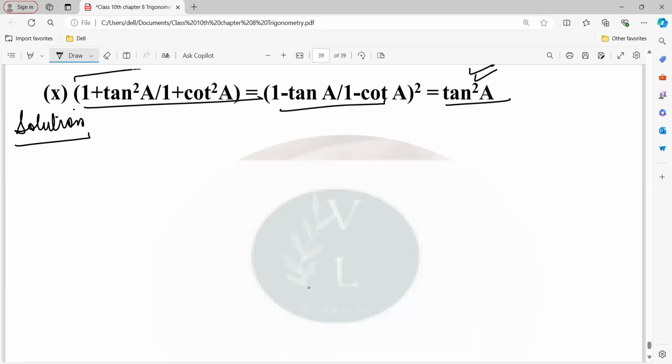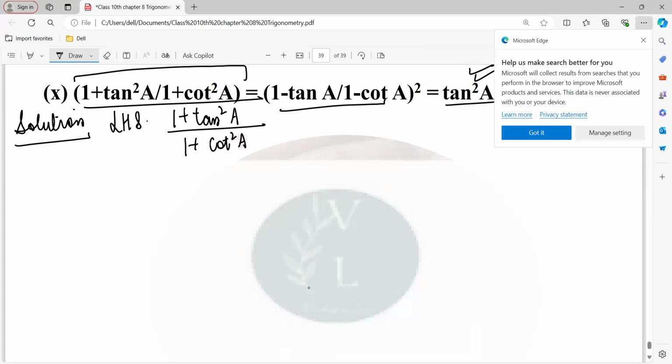So first of all, let's take the first term, which is 1 plus tan square A upon 1 plus cot square A, right? And we'll take the next term as well, which is (1 minus tan A upon 1 minus cot A) whole square.